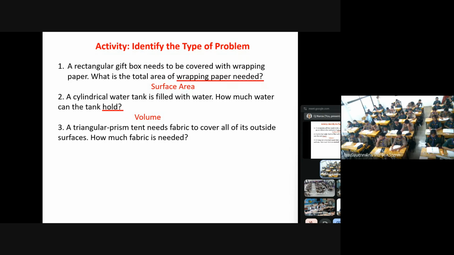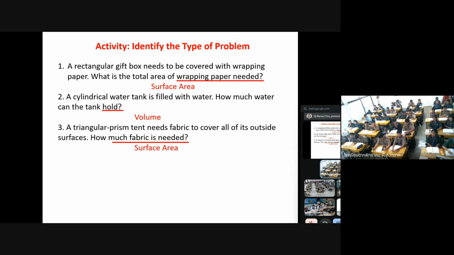Volume or surface area? Who said surface area? Raise your hand. Who said volume? Okay, so as you can see, cover all outside surface. But the question is, how much fabric is needed? So this is outside. Therefore the answer is surface area and the keyword is fabric needed.